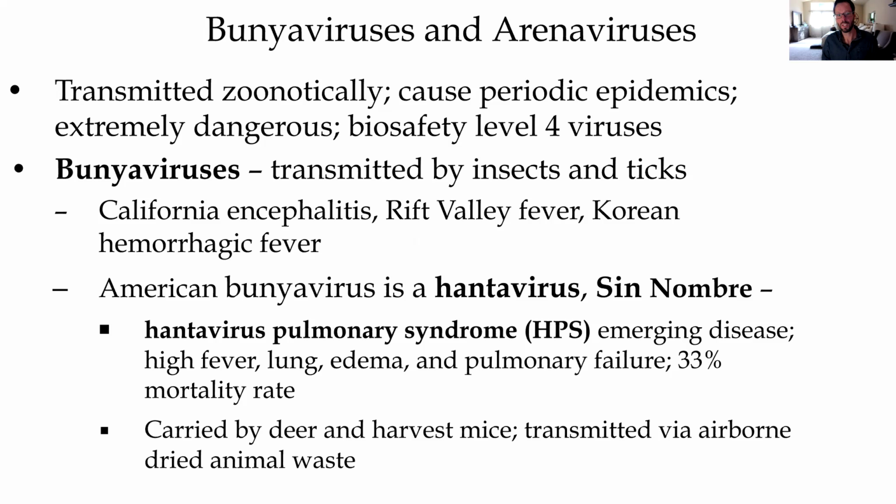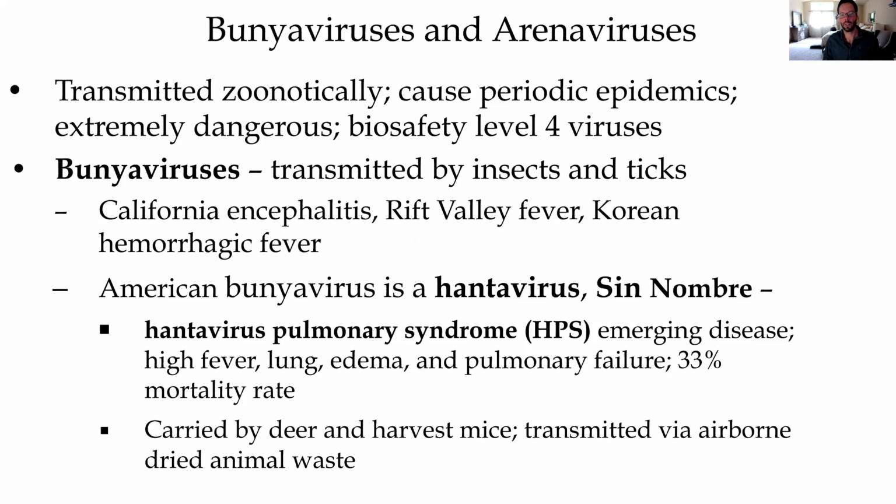Hantavirus, Sin Nombre virus. These are things that have emerged relatively recently, but the hantavirus is terrible. It's got a 33% mortality rate. I don't know if that seems high to you or not, but 33% is pretty high, right? 33 out of 100 people that get it are going to die.